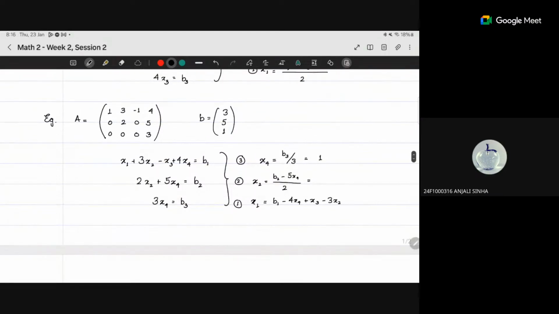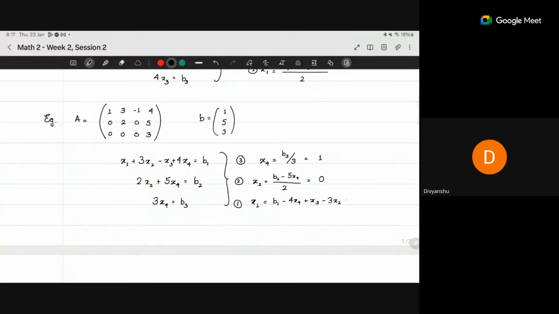Let's see how. Before that, let's compute this for specific b equal to 3, 5, 1. Here we'll get 5 minus x4, which is 1, so this is 0. x4 is 1 by 3. Yeah, I just wanted nice numbers, not fractions.